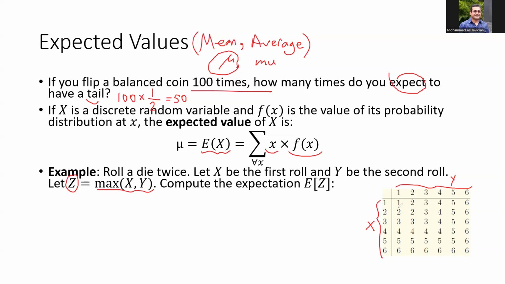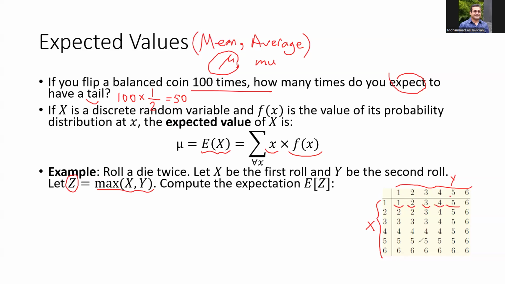So if the first one is 1 and the second one is 1, the maximum is 1. If the first one is 1, the second one is 2, the maximum is 2. If the second one is 3, the maximum is 3. If the second one is 4, the maximum is 4. If the second one is 5, the maximum is 5.